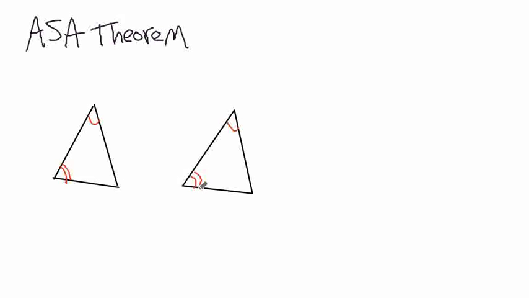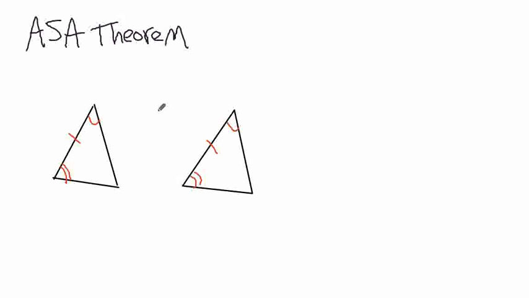And you also know that the corresponding sides in between those two angles are also congruent. That's called an ASA situation, and in that case you can rest assured that both triangles are congruent. So in other words, all the corresponding angles and all the corresponding sides are congruent.